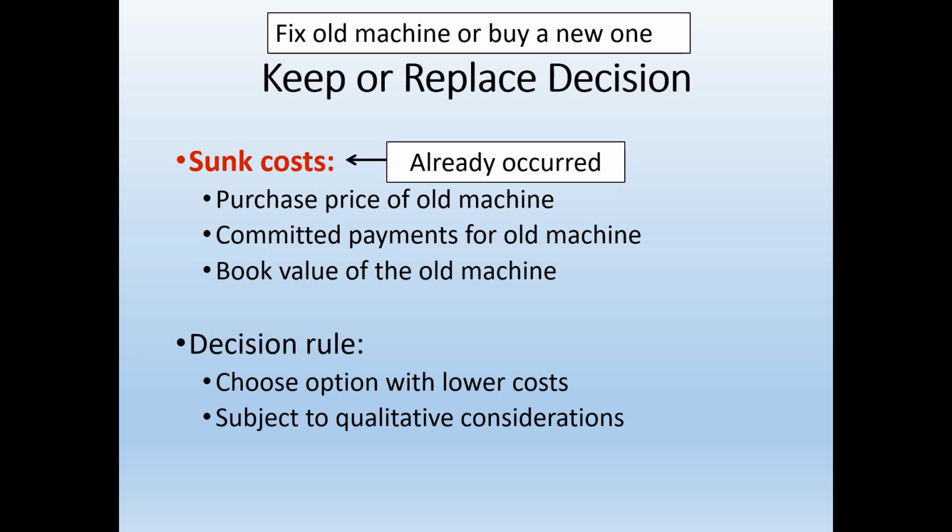On the other hand, any costs to repair the old machine would be relevant for this decision. The decision rule is choose the option with the lower costs, of course subject to qualitative considerations.